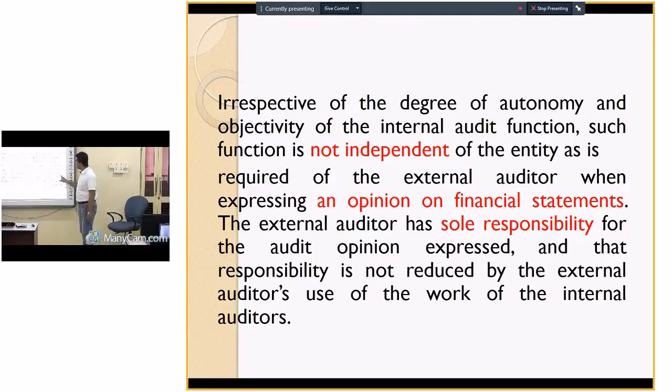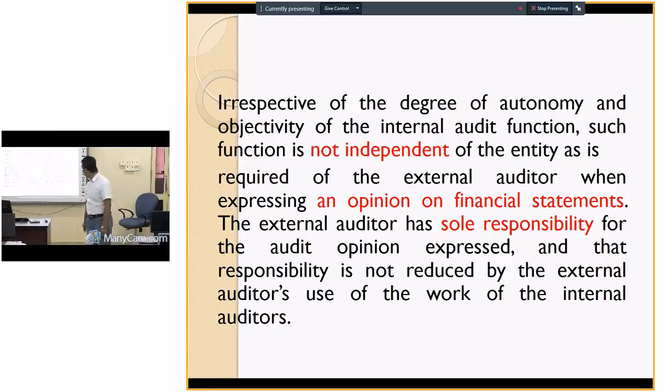The external auditor's audit opinion expressed is not reduced by the external auditors' use of the work of the internal auditors. Most important sentence. That is what I discussed repeatedly.